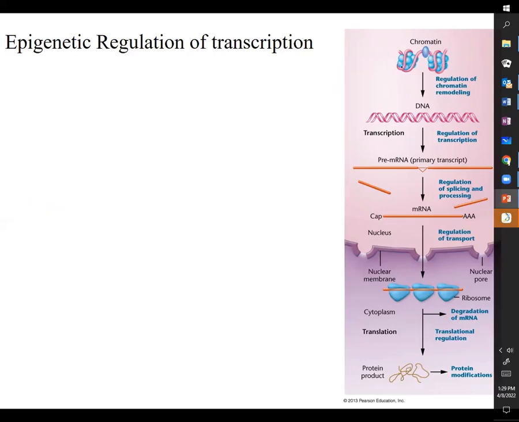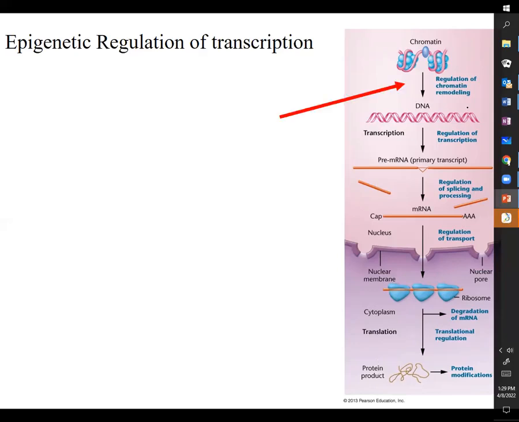One level of regulation is going to be at access to the DNA. Once we have access to the DNA, then we can control gene expression by controlling transcription. The processing of the messenger RNA can be controlled in the half-life of the messenger RNA, as well as the translation process and even at the level of the protein itself.